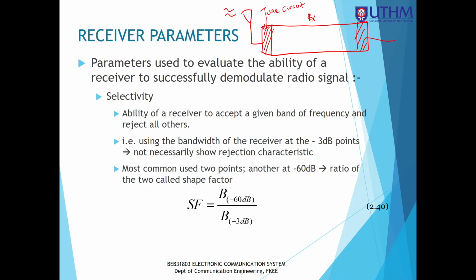So when we tune our radio, we are actually tuning the tune circuit, which will tune to, for example, X hertz. When you draw the spectrum, it is centered at X.